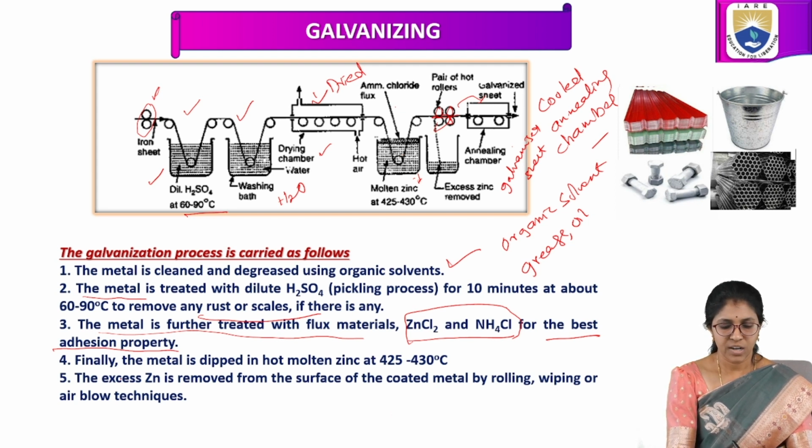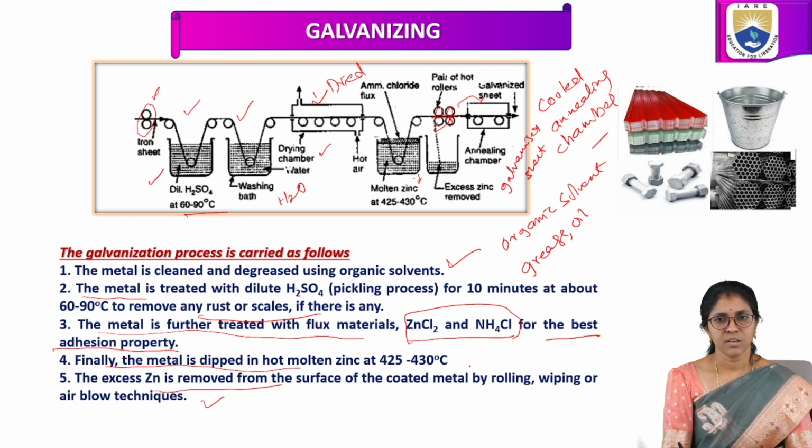Lastly, the excess zinc is removed from the surface of the coated metal by rolling, wiping or air blow techniques. The final step is cooling, after which we get galvanized iron or steel sheets. So this is the process of galvanization.